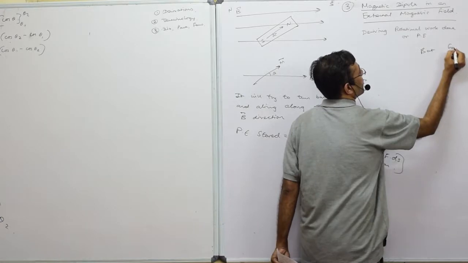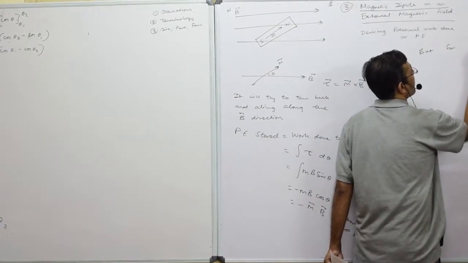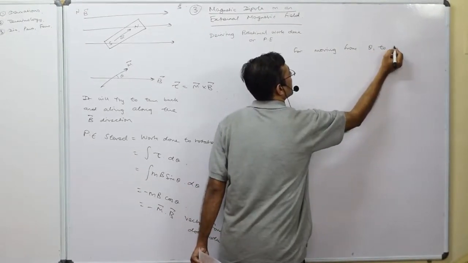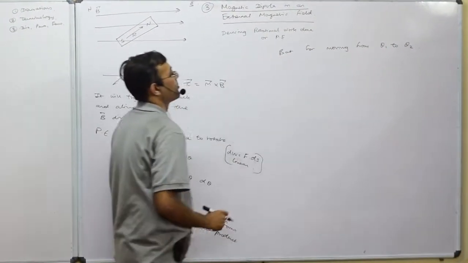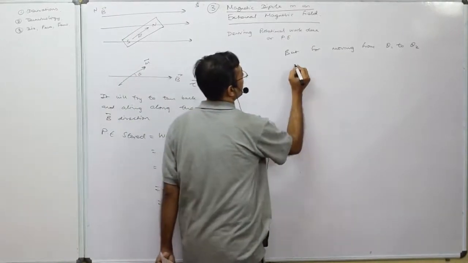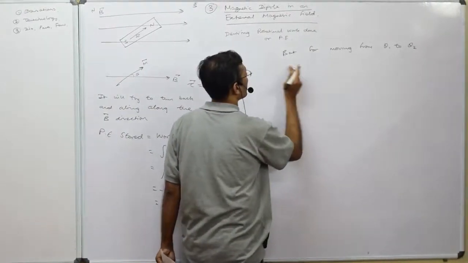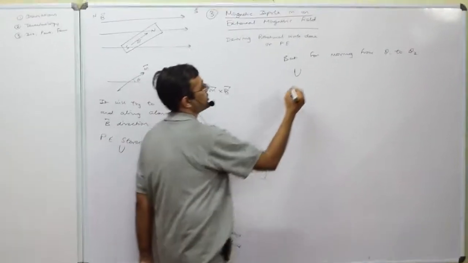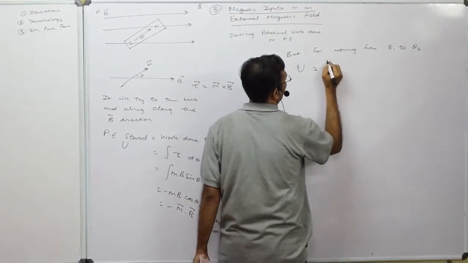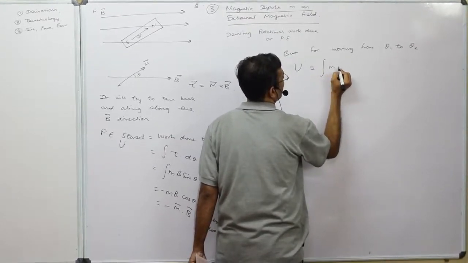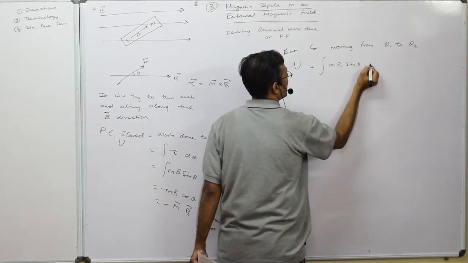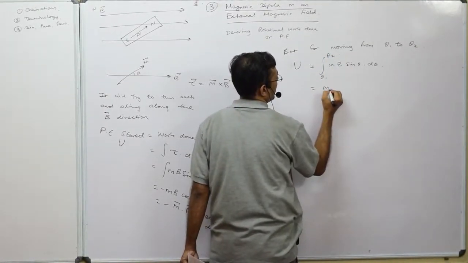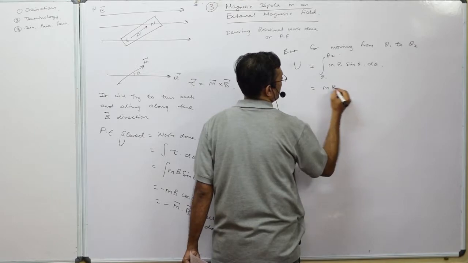But for moving from theta 1 to theta 2, then it would be the work done is equal to integral of mb sin theta d theta, theta 1 to theta 2, mb cos theta.